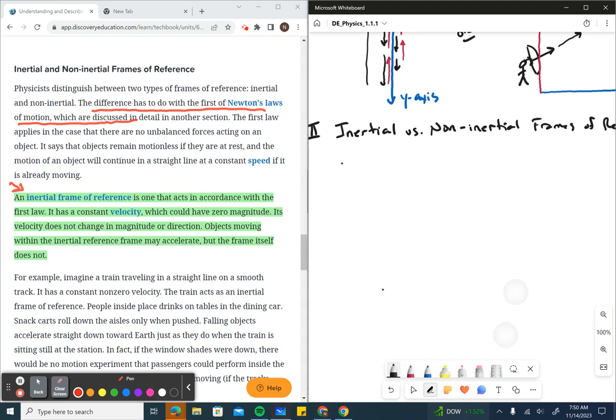So we're going to say capital A, and we'll talk about inertial first: the inertial frame of reference.